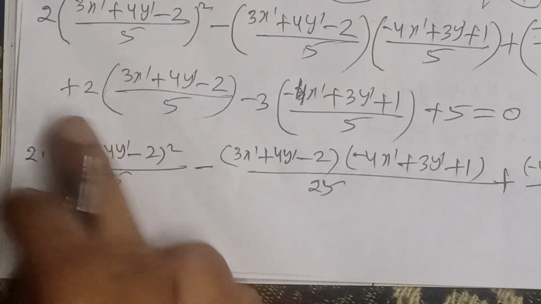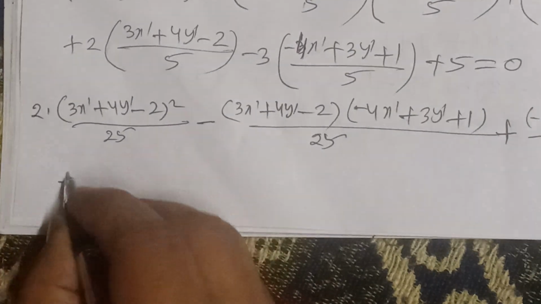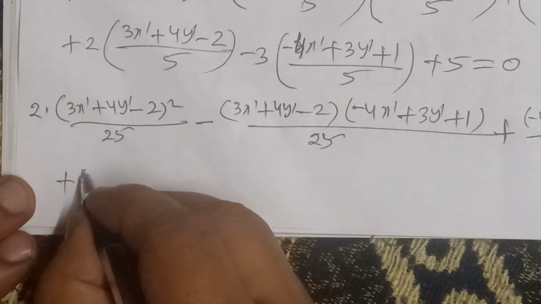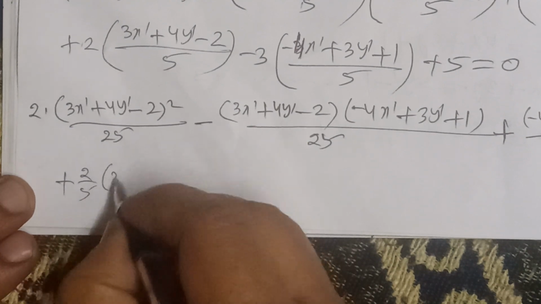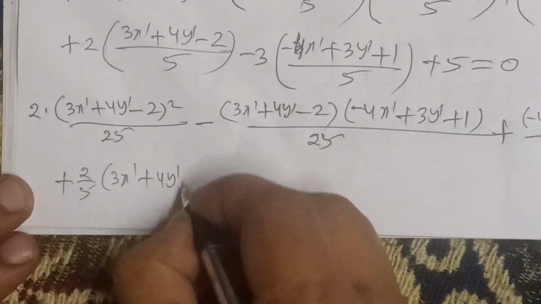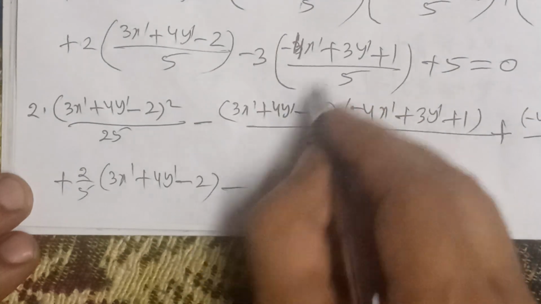The next term is plus 2 upon 5 times (3x' plus 4y' minus 2), minus 3 upon 5.